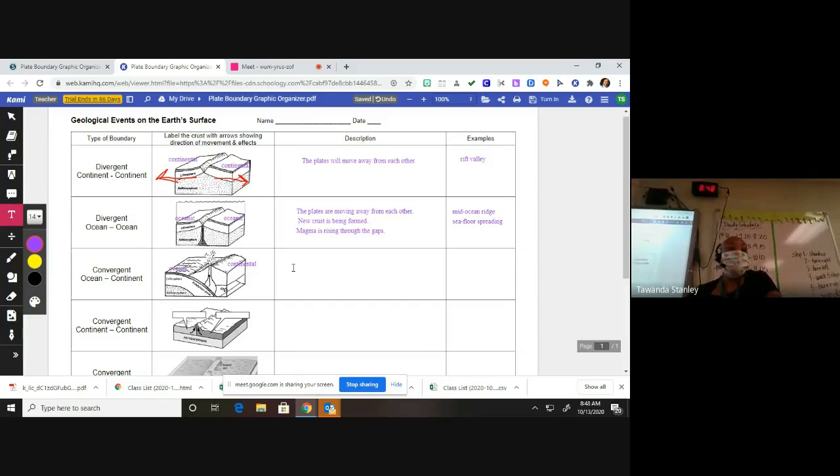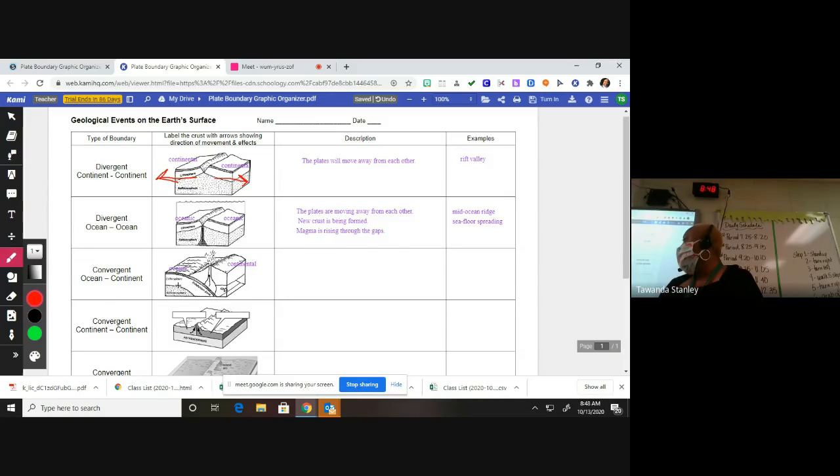Next, we're gonna put the direction. All right, so we got to put the direction with this particular boundary. So it's convergent, and so because it is convergent, we need to make our lines come together or come towards each other.